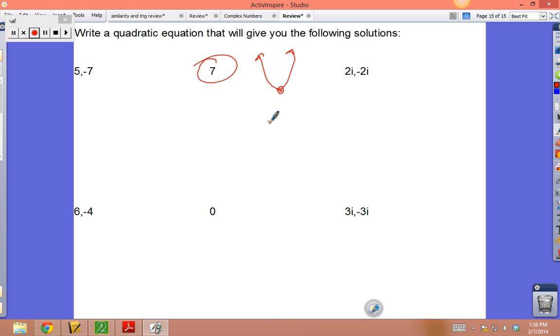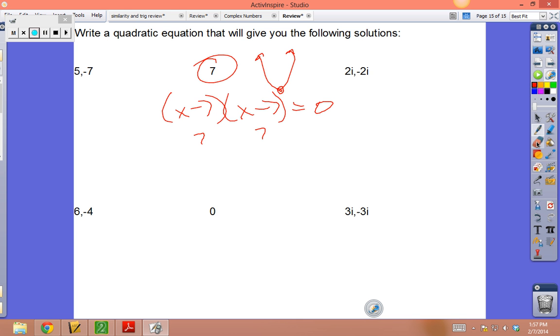Jesse, if you only have one answer, it's going to be the exact same way as all these others. Look, it's going to be x minus 7, x minus 7. You got to write it twice though, because that means this answer would be a 7 and this answer would be a 7. So your answer is 7 and 7. But since it's the same thing, you just write it once.